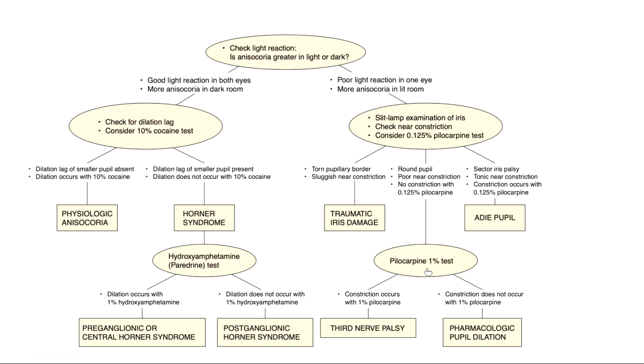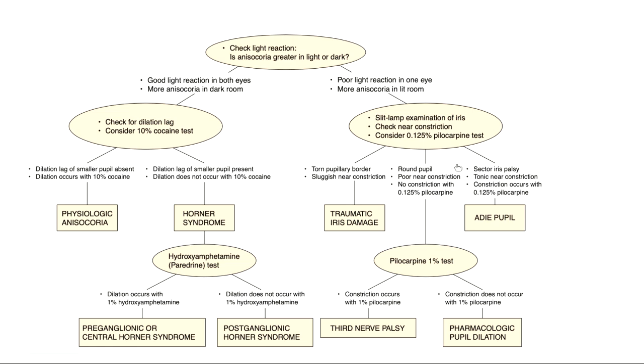And if it constricts with your strong pilocarpine, then we say it's a third nerve palsy. And if it doesn't constrict, then it could be someone who got their hands on some dilating drops and they want some time off from work, which has occurred in the past. So it could be pharmacologic pupil dilation.